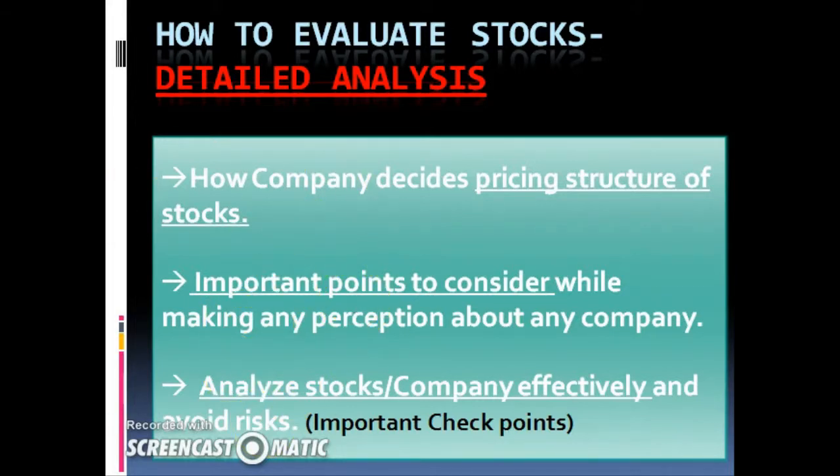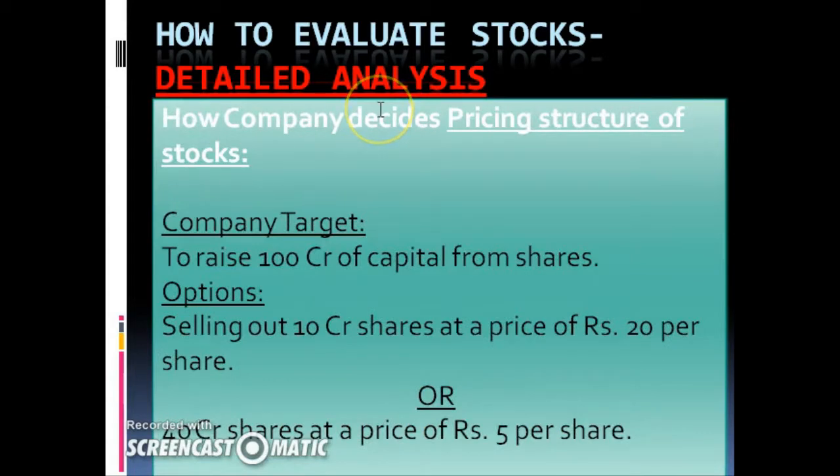So coming to the first point, which is how the company decides the pricing structure of stocks. It is a very interesting point. Basically, whenever a company has listed itself in the stock market, it is looking for capital investment. Let us understand from the company's point of view. For example, a company targets to raise 100 crore of capital from shares.